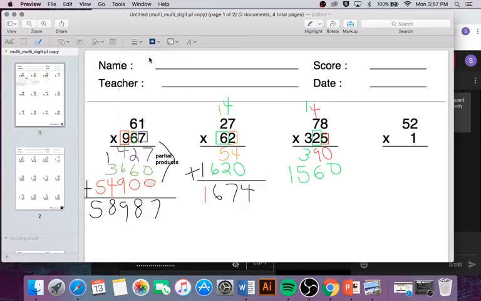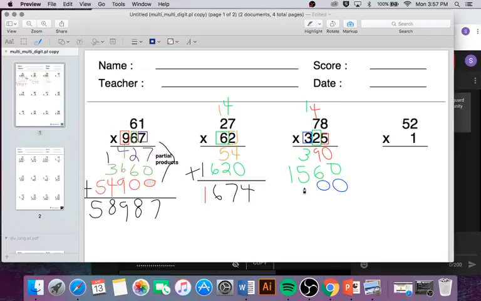Okay. We're going to move to our next number, which is our 3. We're going to put a placeholder under our ones column. We're going to put another placeholder under our tens column. Now we're going to do 3 times 8, which is 24.